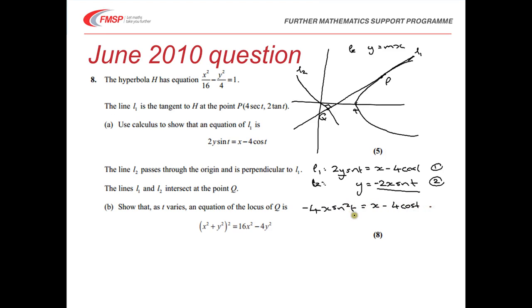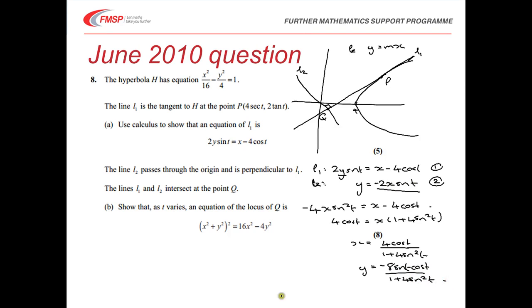And I'm going to make x the subject of that, so that will give me 4 cos t equals x times 1 plus 4 sine squared t, and that means that x is equal to 4 cos t divided by 1 plus 4 sine squared t, and y is just a matter of multiplying x by minus 2 sine t, so that will be minus 8 sine t cos t over 1 plus 4 sine squared t.